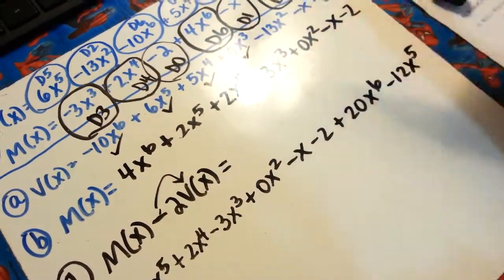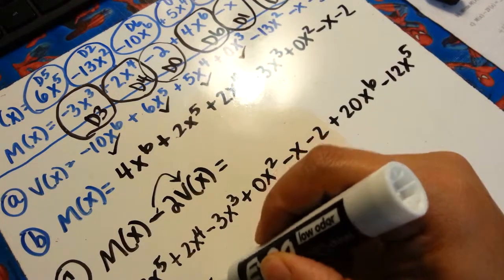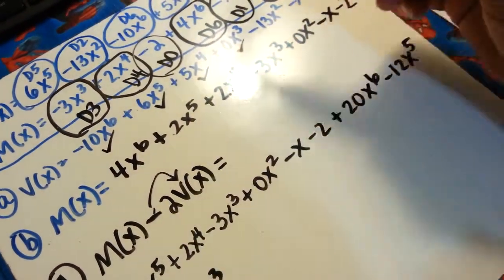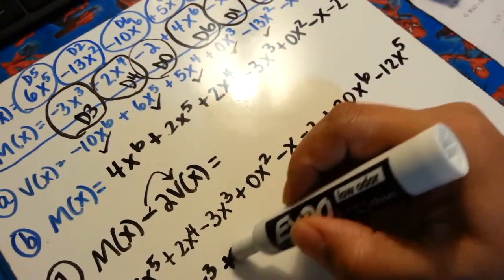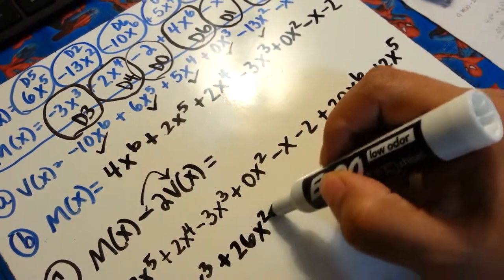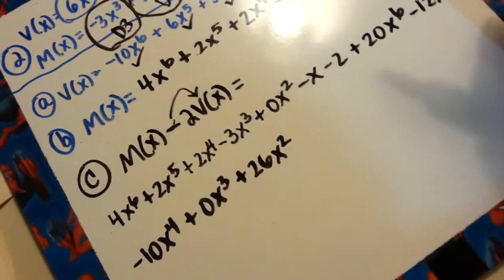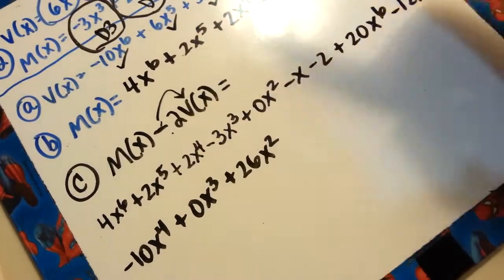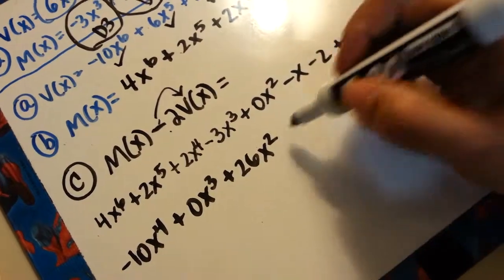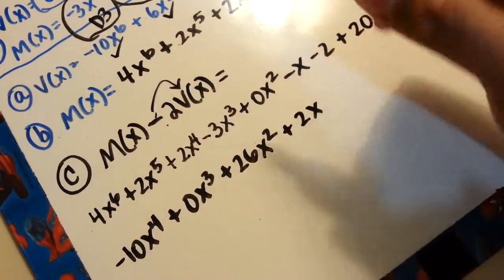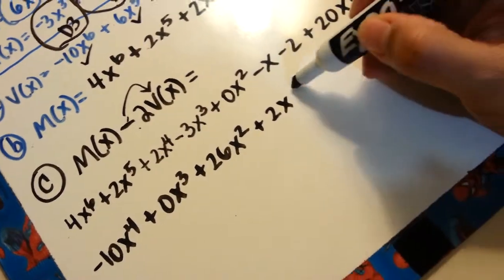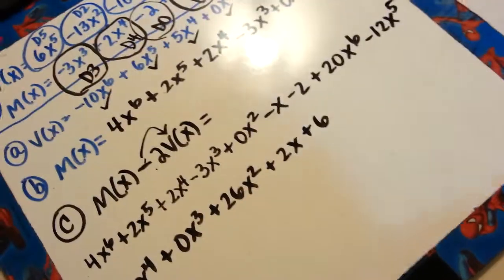Negative 2 times this one is just 0. Negative 2 times this is a positive 26. Negative 2 times this one is a positive 2. And negative 2 times this is a positive 6.